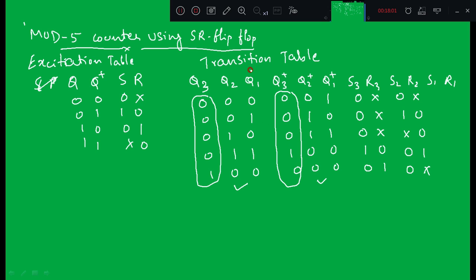And the last one, Q1 and Q1 plus: 0 1 1 0, 1 0 0 1, 0 1 1 0, 1 0 0 1, and the last one 0 0 0 don't care, okay? With this transition table, we will put a K-map for each of the outputs, S3 R3, S2 R2, S1 and R1, and we will finish the design, okay?